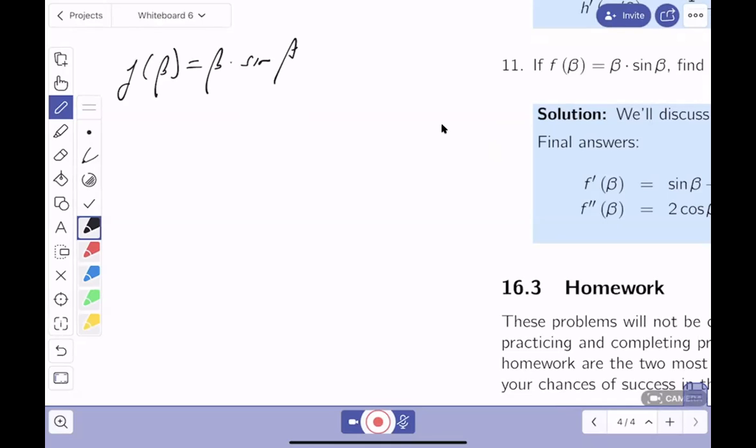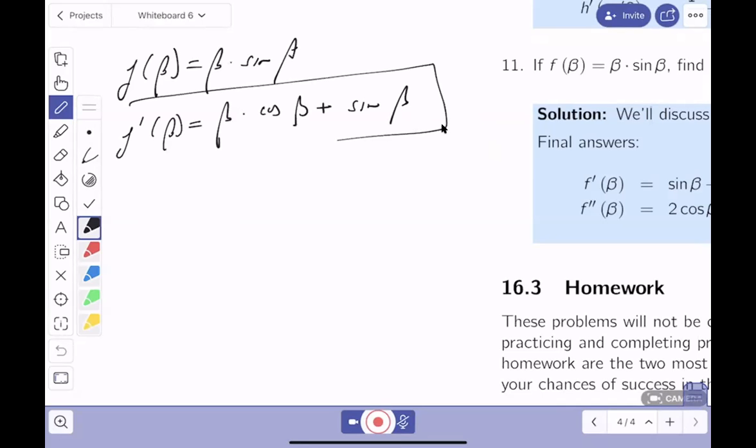All right, so let's put f prime down. Now this is the derivative of f with respect to that beta. So first function, beta, times derivative of the second function, which is cosine beta, plus the derivative of beta, which is like a variable 1, times sine beta. So I'm going to say that's f prime.